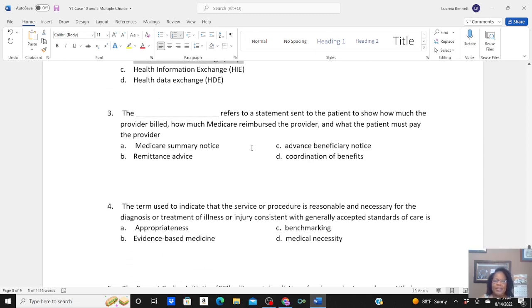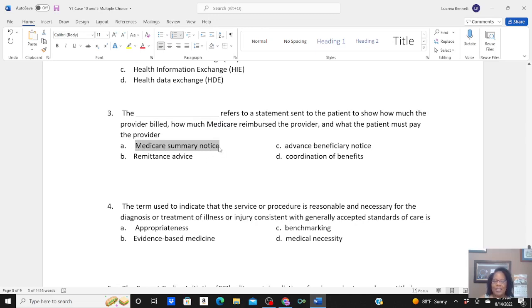Number 3, the blank refers to a statement sent to the patient to show how much the provider billed, how much Medicare reimbursed the provider, and what the patient must pay the provider. And in this case, it's a Medicare summary notice.